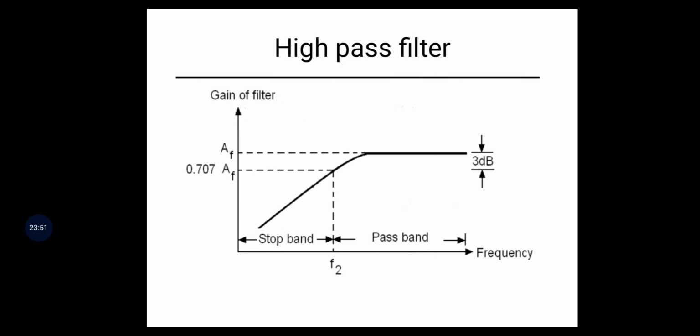Here the graph shows the high pass filter characteristics, frequency versus gain of the filter. We take the frequency on the x axis and the gain of the filter on the y axis.